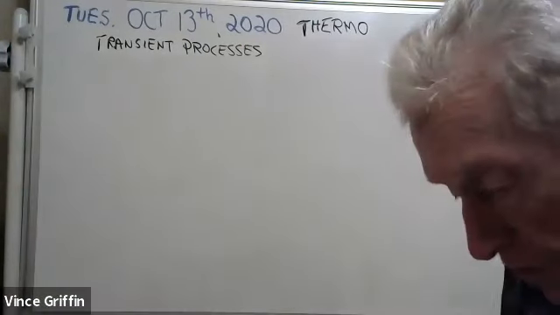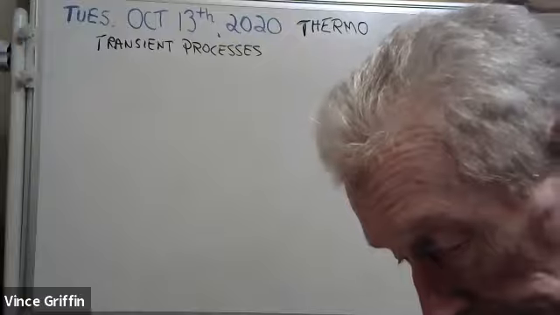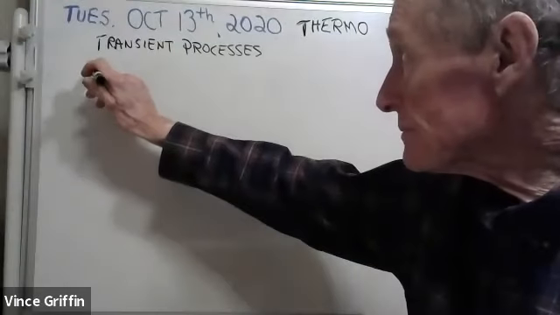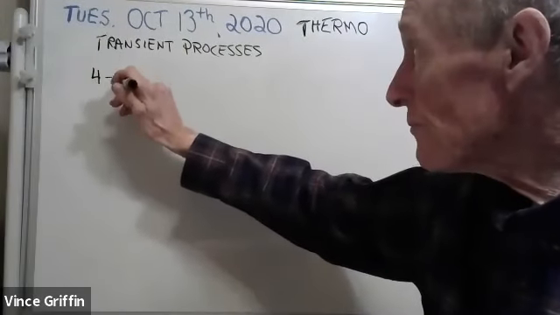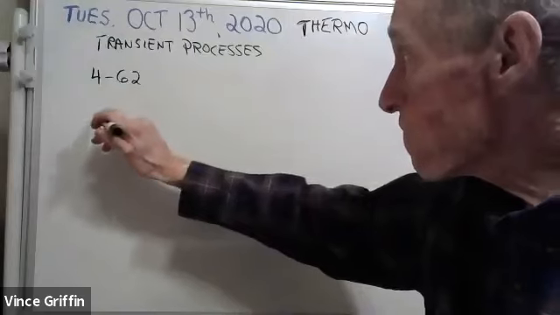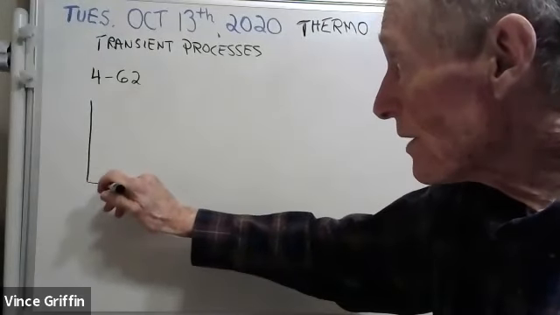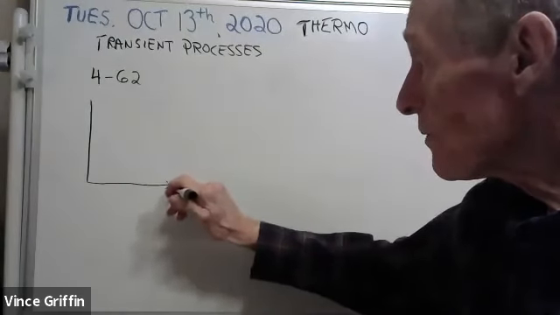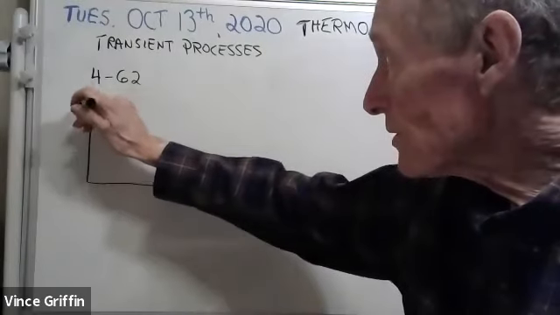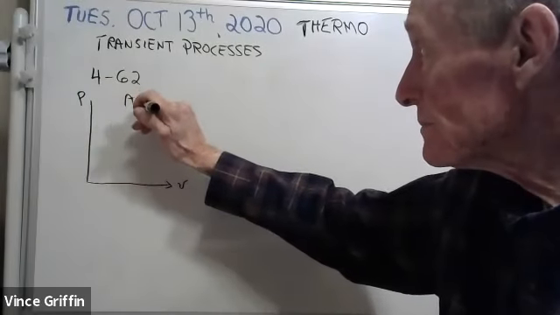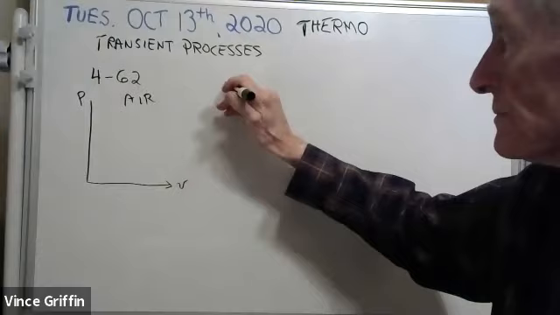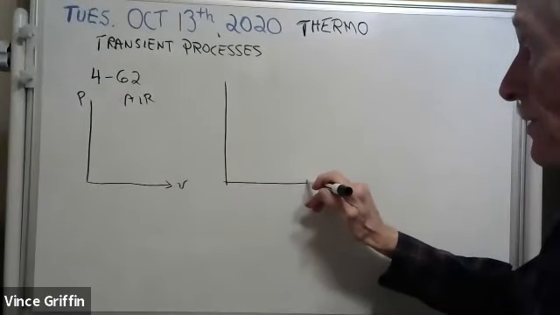Mohammed, was this part of your homework? Yes, sir. Good. I don't mind going over homework. You're going to need two diagrams. You're going to need one for air, and you're going to need one for water.